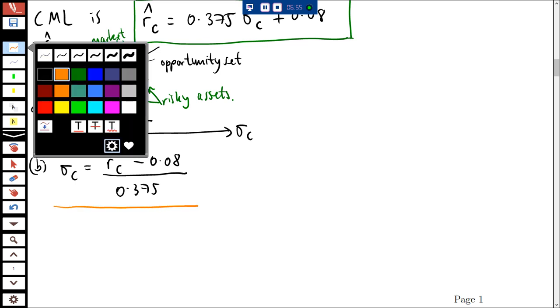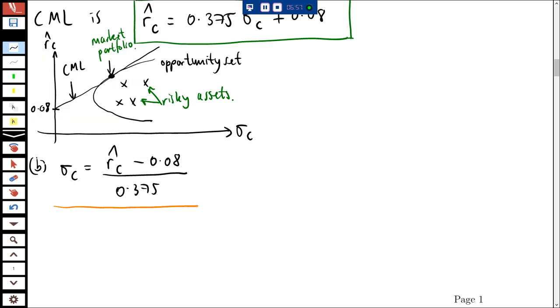Okay, so if we pick some value now, so we set our portfolio to have an expected return of 40. Well, this means that the risk associated with that, we can write these as decimals or as percentages, just don't mix them.